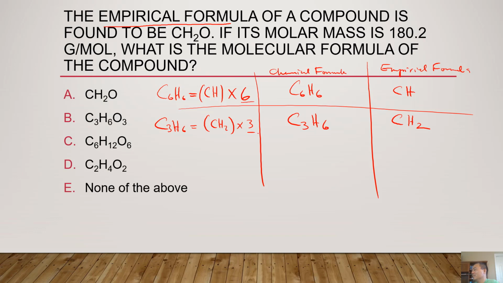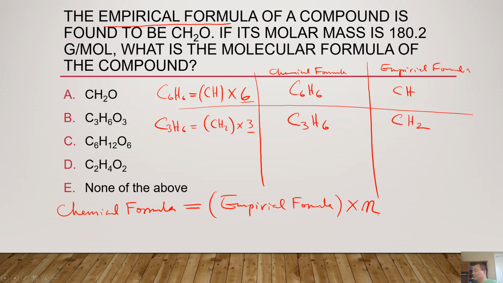Did you see that? So in other words, if you make it general, you always know the chemical formula is always empirical formula times a certain whole number. Let's use n to represent it.